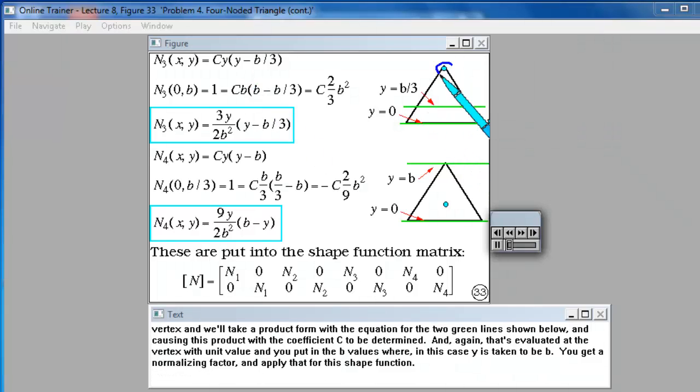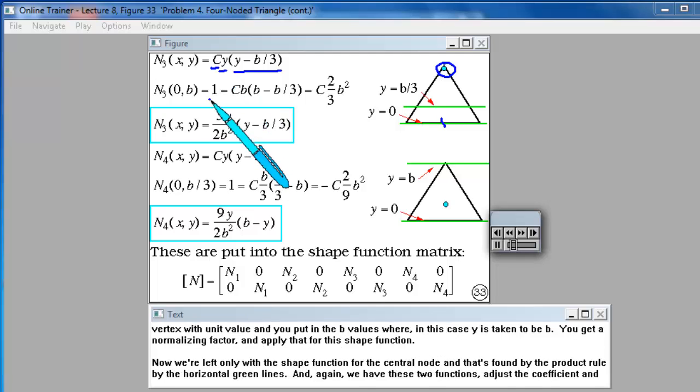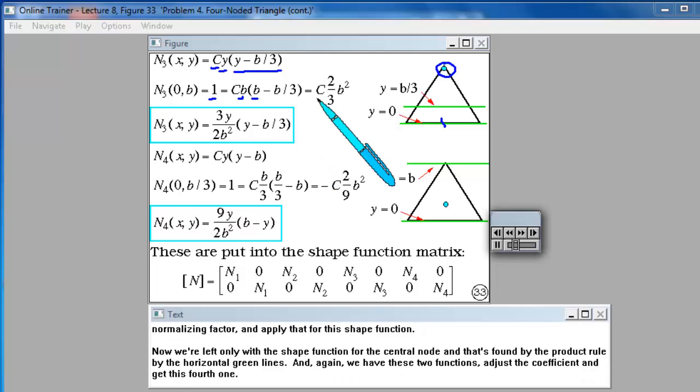Here we want a unit value at the upper vertex, and we'll take a product form with the equation for the 2 green lines shown below, and causing this product with the coefficient c to be determined. And again, that's evaluated at the vertex with unit value, and you put in the b values where, in this case, y is taken to be b. You get a normalizing factor and apply that for this shape function.